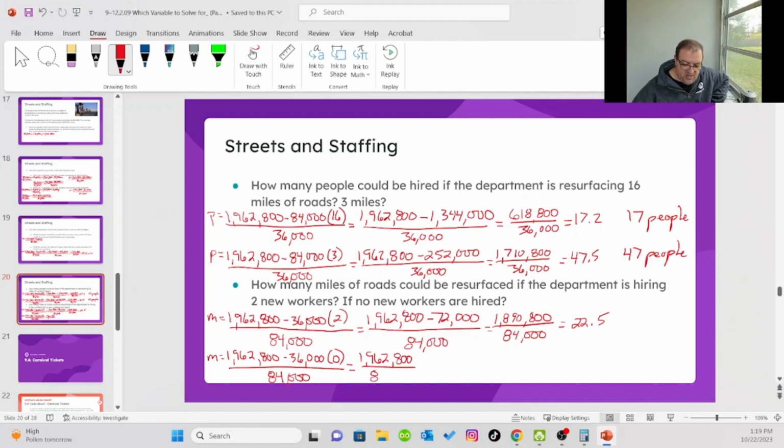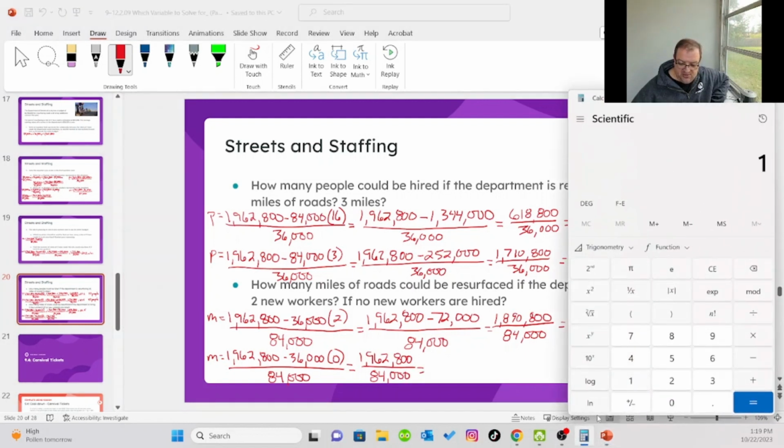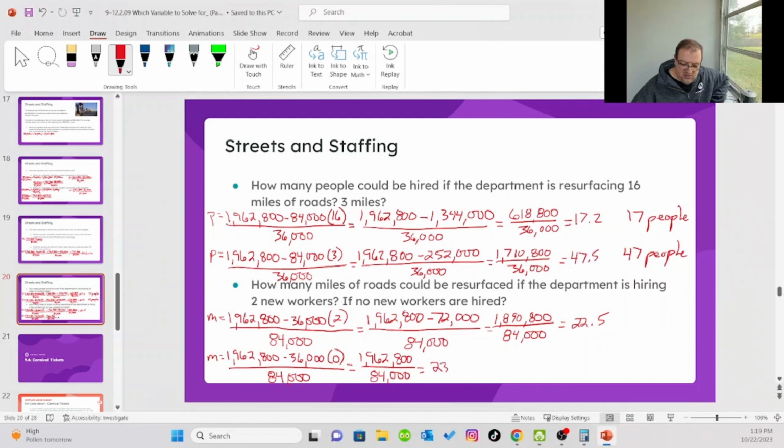So we just divide the entire budget by $84,000 per mile. And that's approximately 23.4 miles.